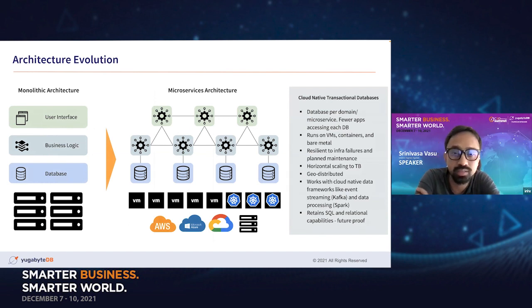Essentially, from a database architecture standpoint, we want the architecture to evolve this way, right? Not only the infrastructure and the application layer, we want the data layer to be cloud native, right? To be able to seamlessly deploy it across different form factors, be it VMs or Kubernetes, or be it on public clouds or in private data centers.